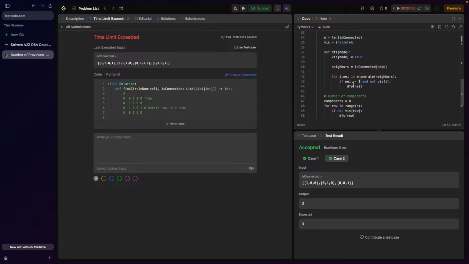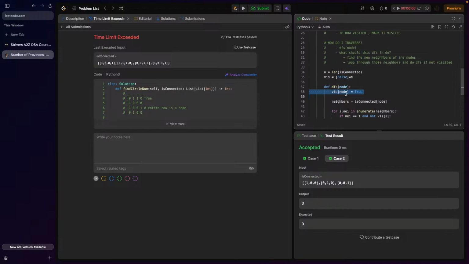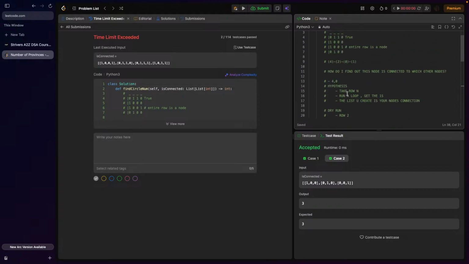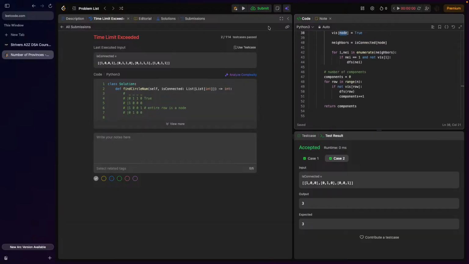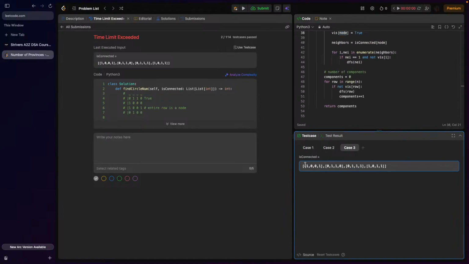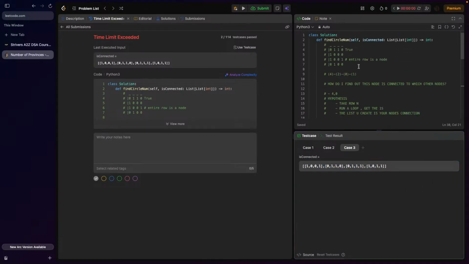DFS of row, component 1, visited of node is true. Yeah, this should go. Why is this not working? Let's see.